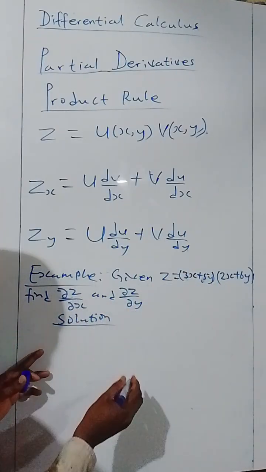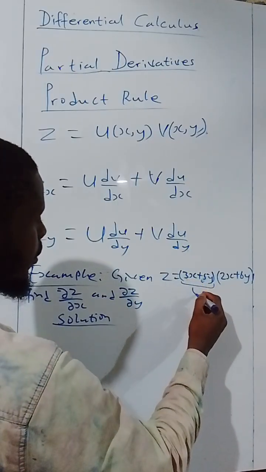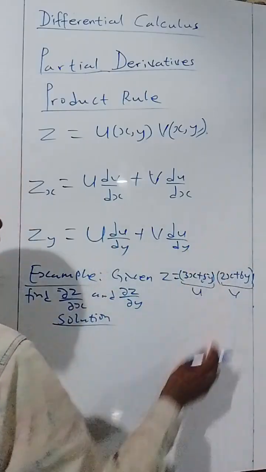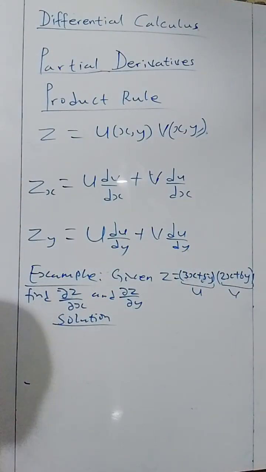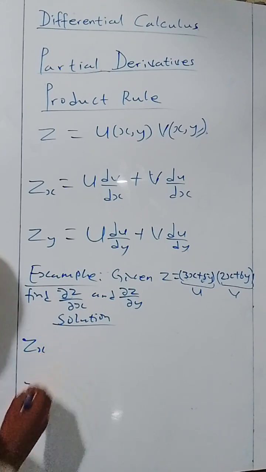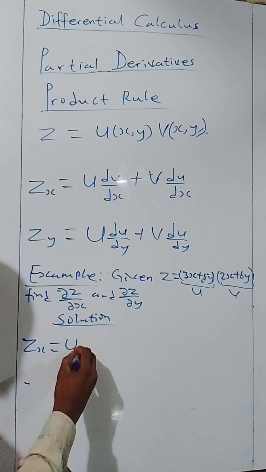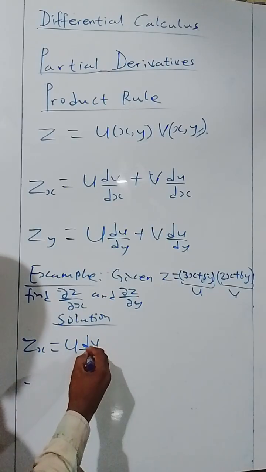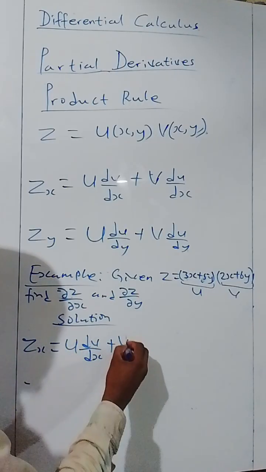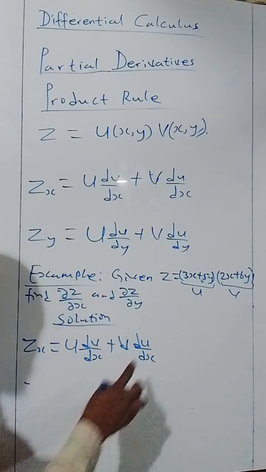We can identify the first factor as our u, and the second factor as our v. Now, if we apply this rule, z sub x is equal to u dv/dx plus v du/dx.